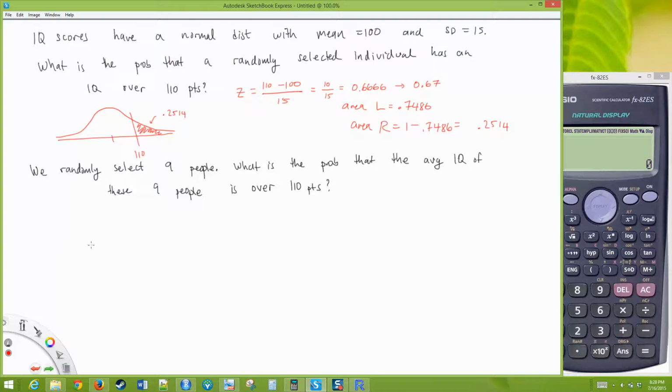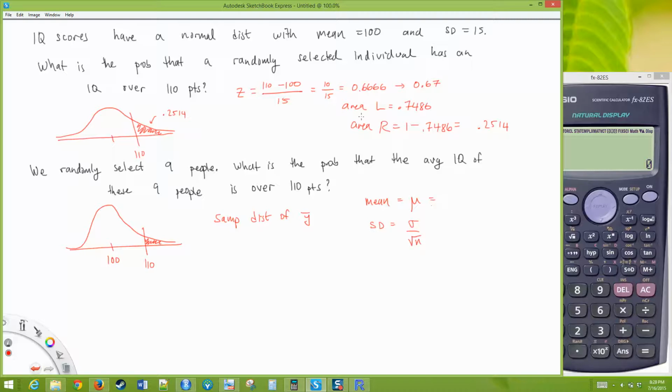All right, so for the second problem, now we're dealing with a sampling distribution. We still have a mean of 100, and now we want to know the probability that the sample of 9 people has an average over 110. So now we're dealing with the sampling distribution of y bar. The mean is the same as the population mean, and the standard deviation is sigma over the square root of n.